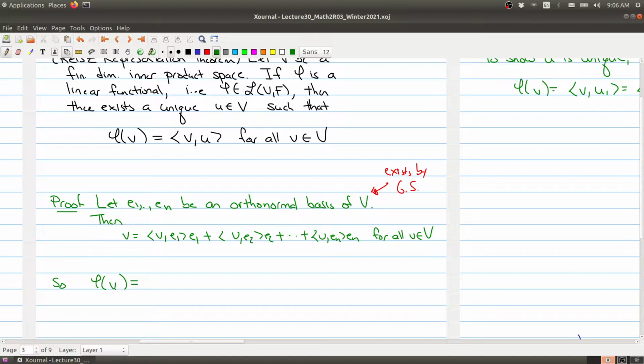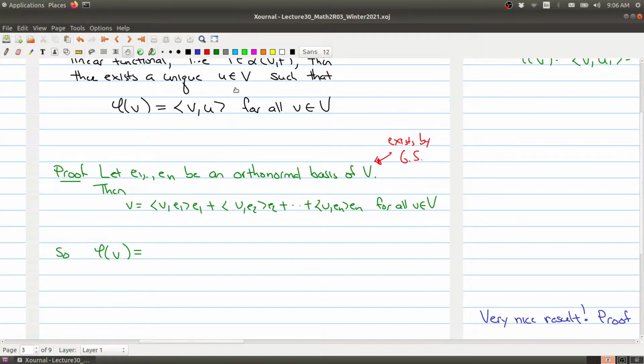So when I apply my linear functional phi to any element v, it's the same thing as applying it to this big long expression, right? This is expressing v in terms of this orthonormal basis. So we've written v in terms of the basis. That's just from above.